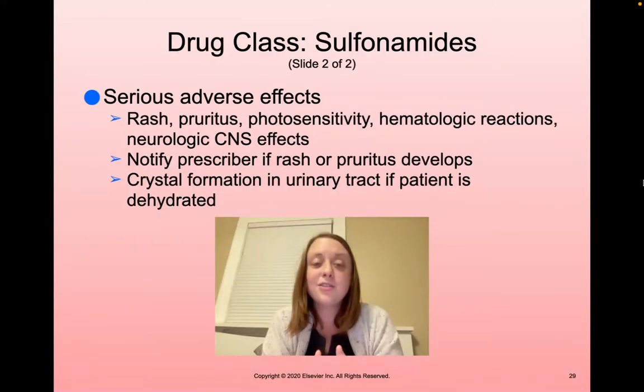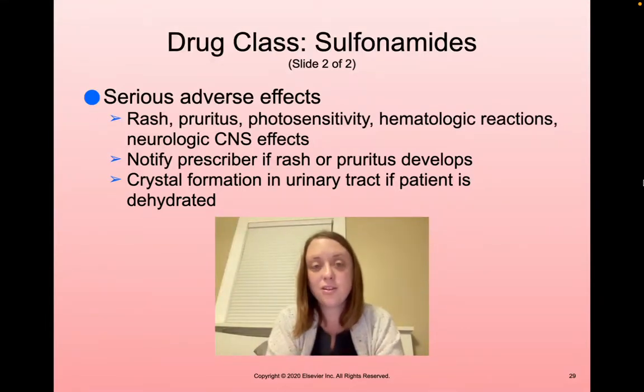The serious adverse effects to watch for in sulfonamides are rash, pruritus, photosensitivity, hematologic reactions, and neurologic CNS effects. If a patient starts to develop rash or pruritus, we need to notify the provider immediately. And also, we sometimes can see a crystal formation in the urinary tract if the patient is dehydrated. So we have to make sure they're adequately hydrated with these drugs as well.